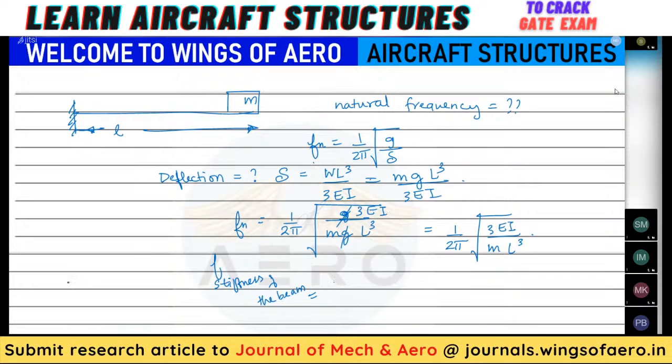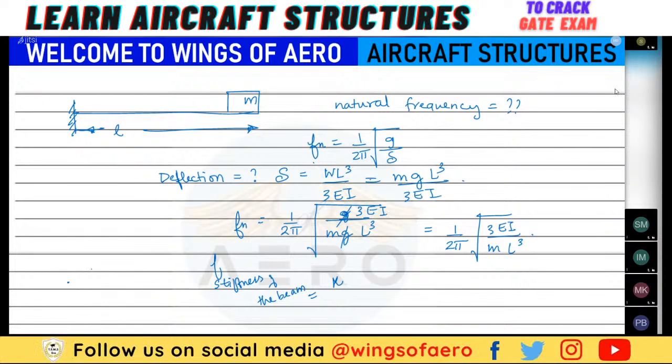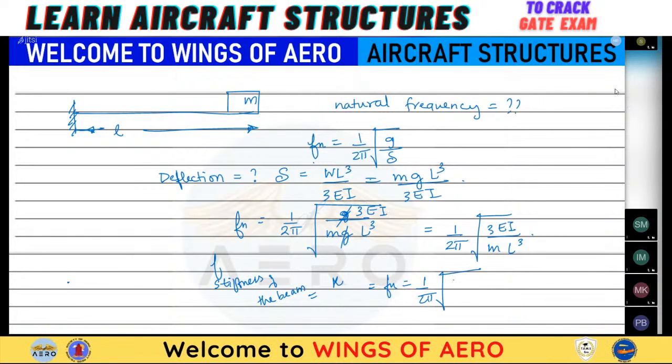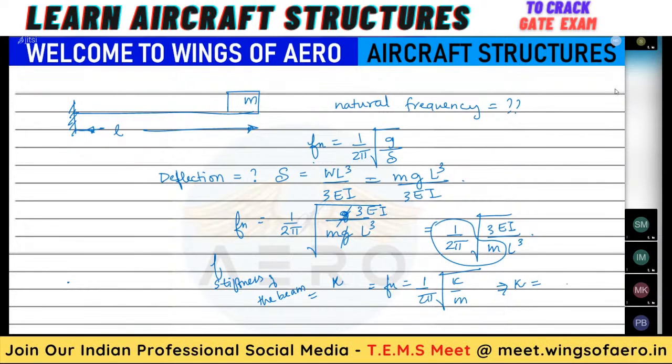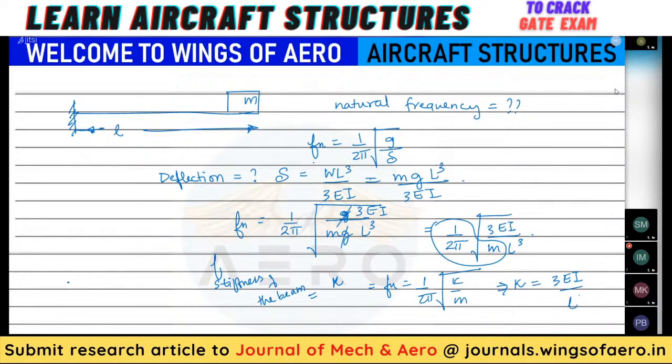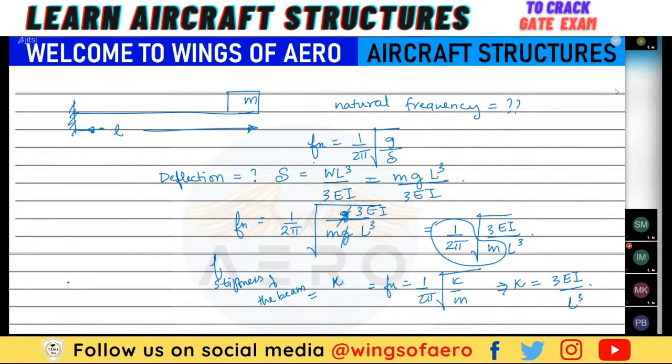Stiffness means they want to ask the value of k. Now this is a basic formula, f n equals 1 by 2 pi root k by m, right? So these are the constant values. Now what is the remaining value? So can I say from here the stiffness value is 3 EI by L cube? Can I say that?